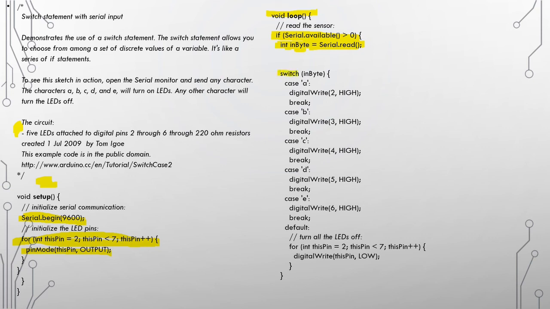So now we start with our switch. So we declare it with switch. We look at the in byte that was entered. And you can see we have several different cases here. So the first case is if the in byte was equal to A. So you will note numbers, we don't have to put in any quotation marks or anything. Like in the previous example, there were no quotations.